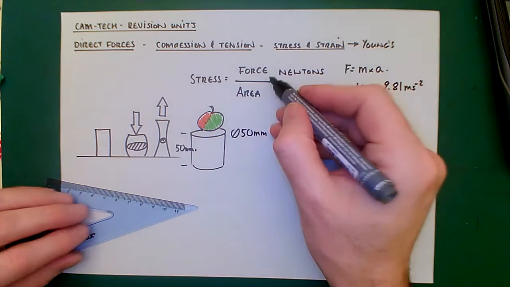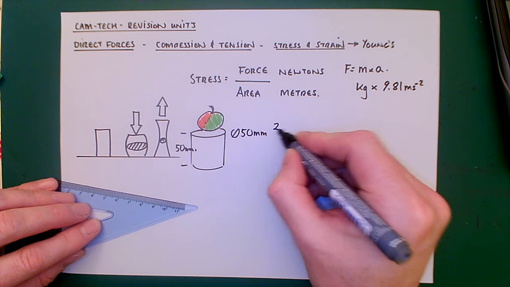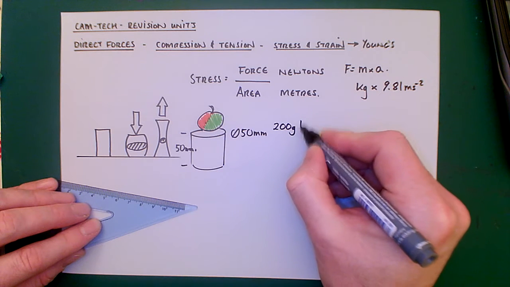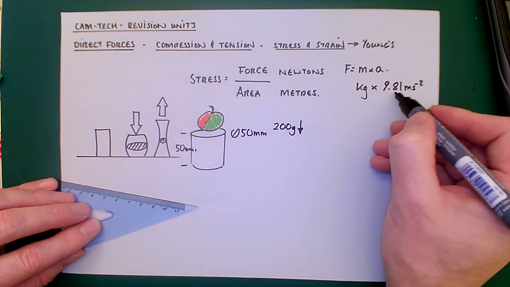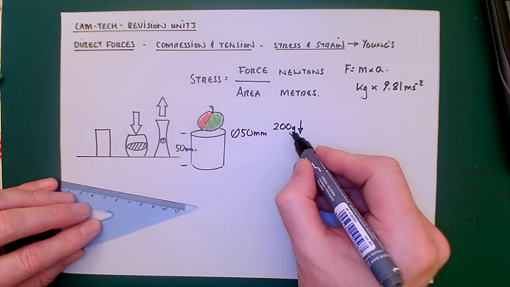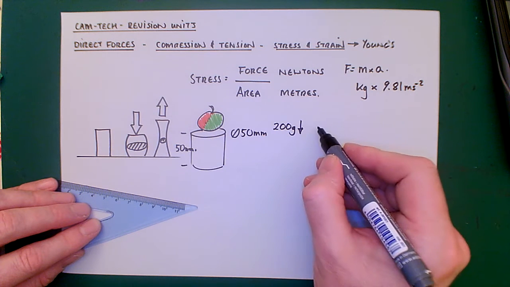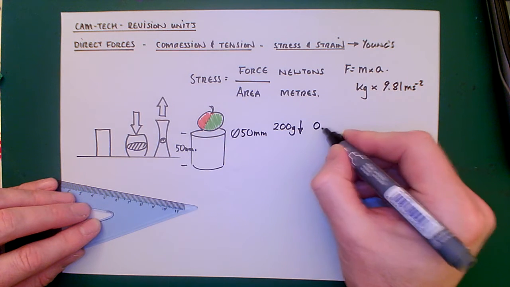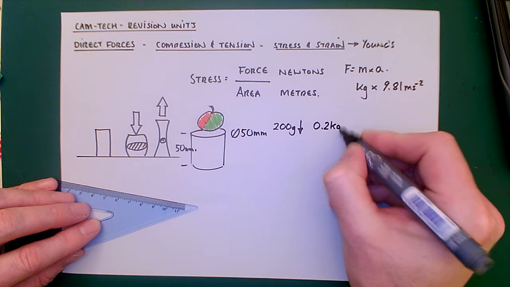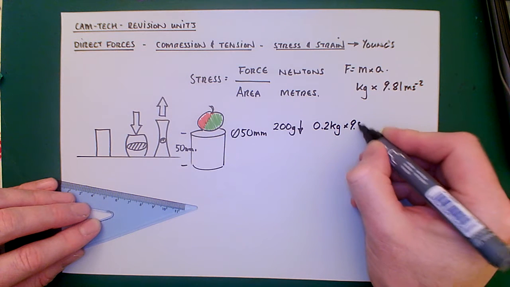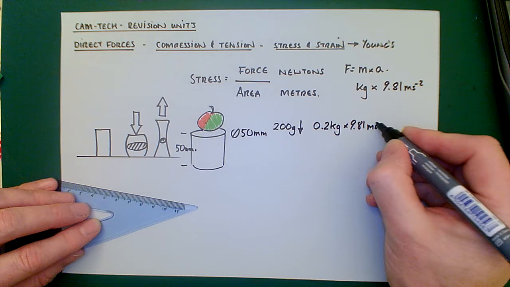The first thing we need to calculate then is the force that 200 grams would act downwards under an acceleration due to gravity. This is in grams though, and we want it in kilograms. So it should be 0.2 kilograms times 9.81 meters per second.